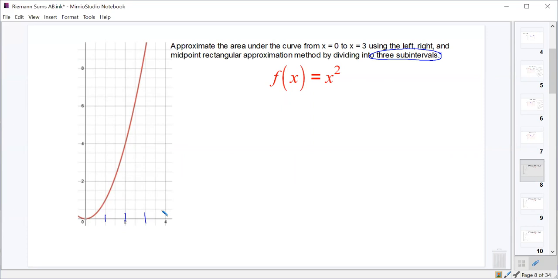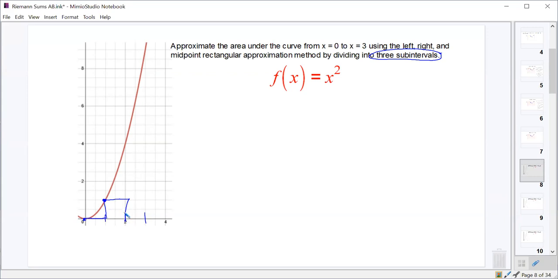Okay. So the left endpoint at x equals 0 is 0. This one has a height of 0, which means that rectangle doesn't even really exist, and we're missing out on a bunch of this area. What about the second one? That rectangle ought to have a height of 1 squared, because at x equals 1 the function's value is 1 squared.